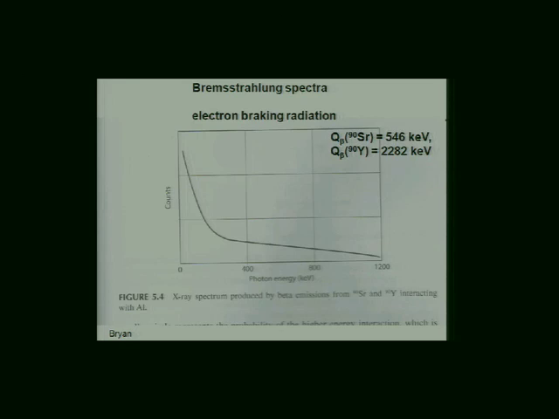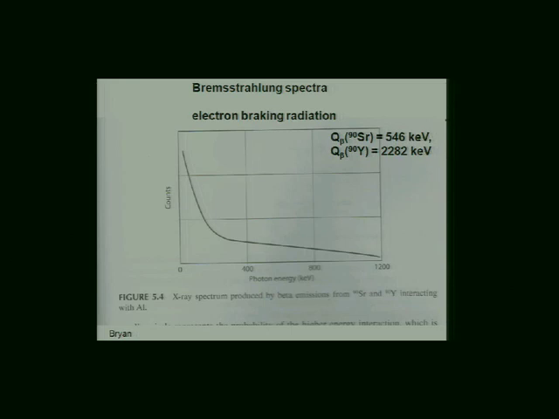The most you can do is lose all of it, right? You can't lose any more than that. So the maximum possible energy bremsstrahlung you could get from such an electron is 546 keV. And that's a very rare thing to happen, to lose all of its energy in one radiation event. So that's why this spectrum down here stops at very low energy. That's from the bremsstrahlung produced by the betas from strontium-90 decay.